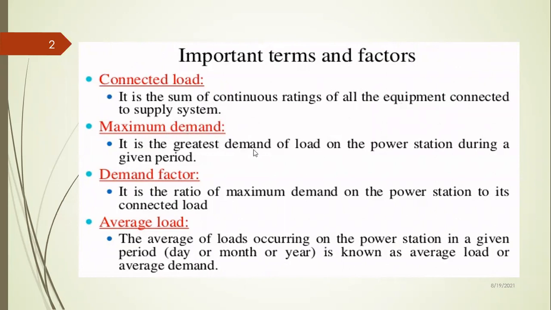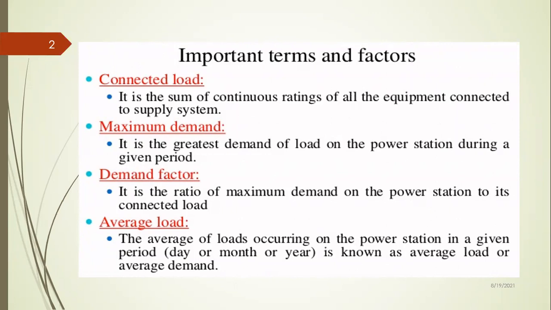It is the greatest demand of load on the power station during a given period. Like if we take the duration of 24 hours for any substation, and we have to draw the load curve for that. And from the 24 hours, we have seen that the maximum demand is between 2 to 3 p.m. So that is the maximum demand.